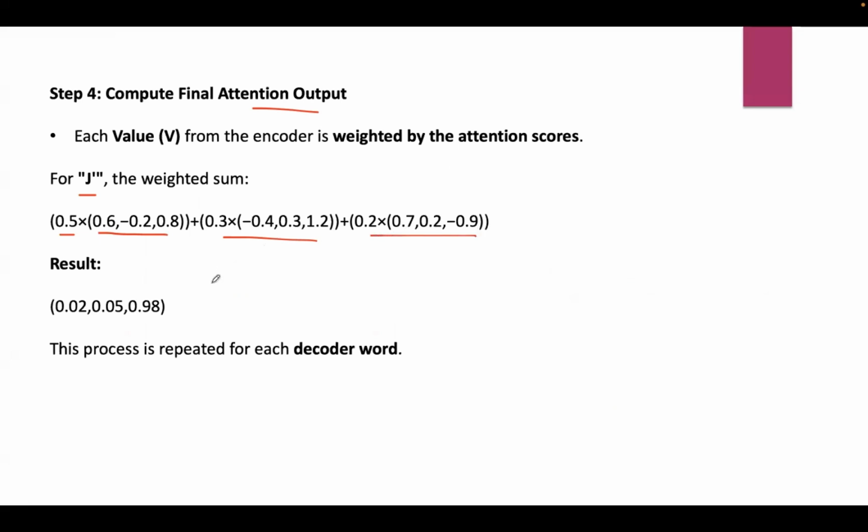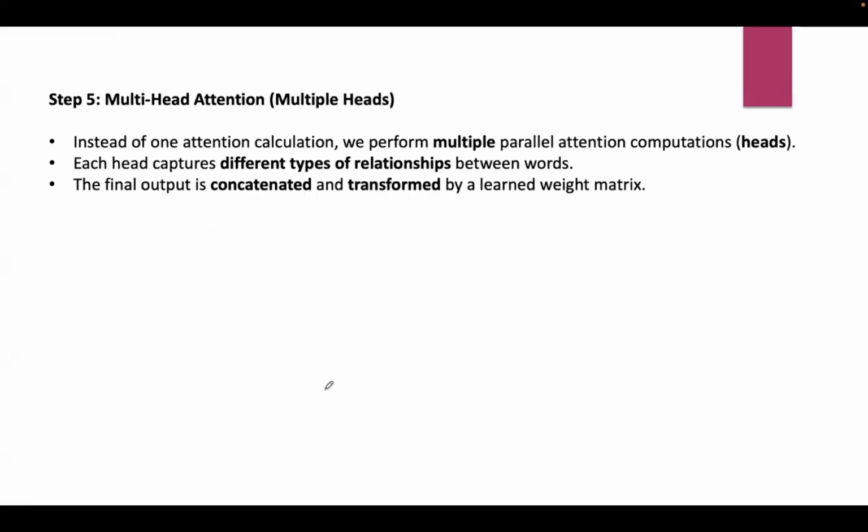So this is the result. This process is repeated for each decoder word, so for the remaining two words also. This output will be used as input to the next layer in the transformer model, that is the feed forward network. And it is repeated for all the other decoder words to generate a contextual representation that helps in translation.